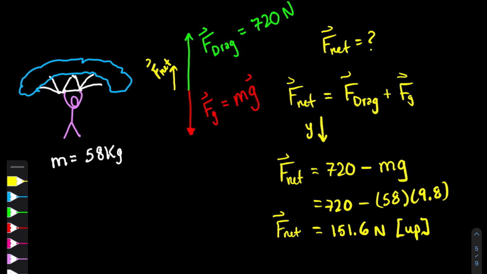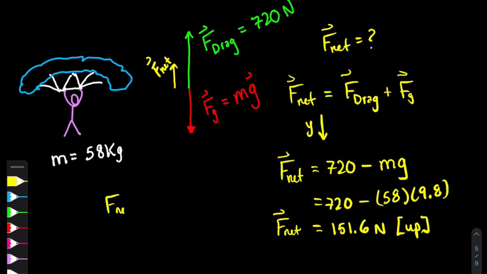But the question is not finished because they were asking us to find the acceleration. So from the net force, then we can use Newton's second law, where the net force acting on the object equals the mass of the object times its acceleration.